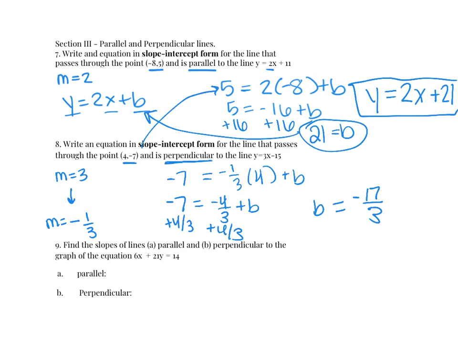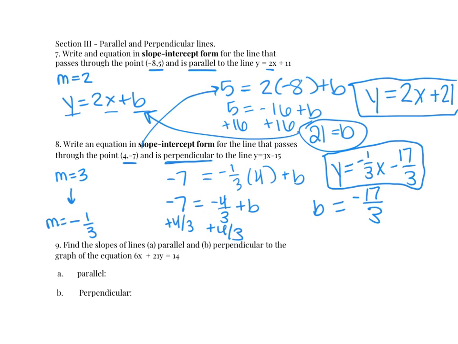Remember, don't freak out about the adding fractions to whole numbers. You're going to get a calculator on the test. Just use your calculator. Then your final equation is y equals negative 1/3 x minus 17 over 3. What I did on this second problem is I skipped some of the setup of question 7.